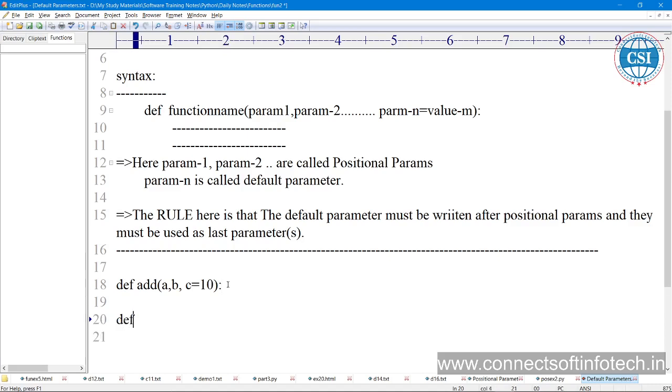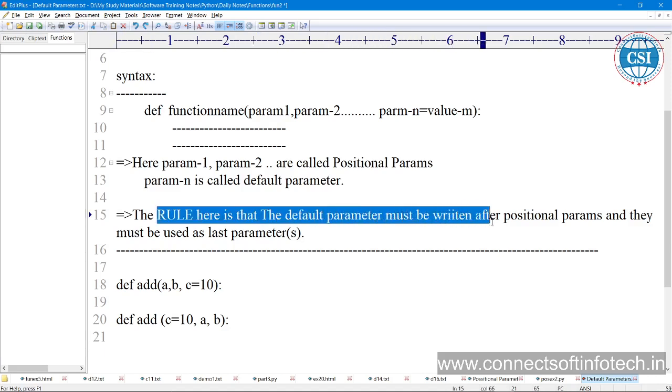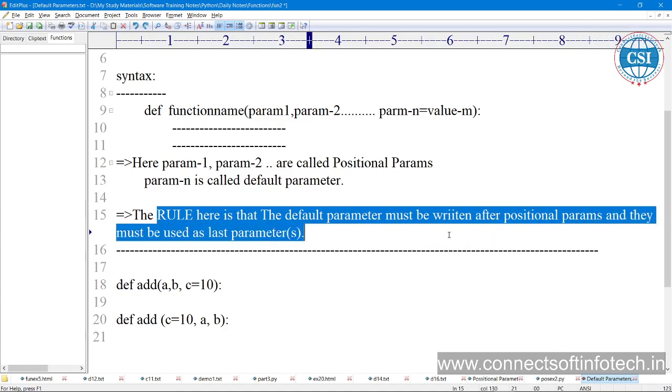Now if you write def add with c equal to 10 comma a comma b, is it valid? No. The Python compiler does not allow this. The rule is that a default parameter must be written after the positional parameters and used as the last parameter.